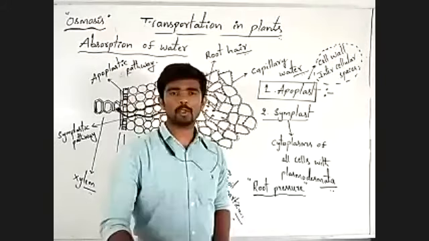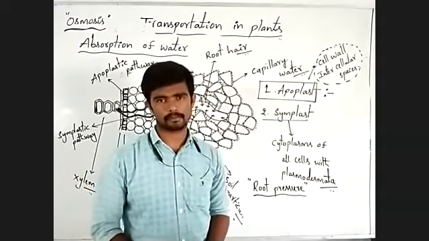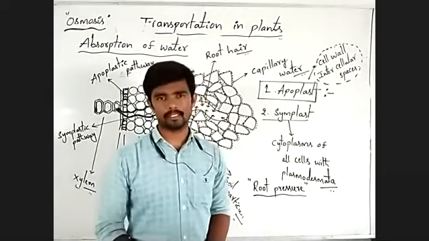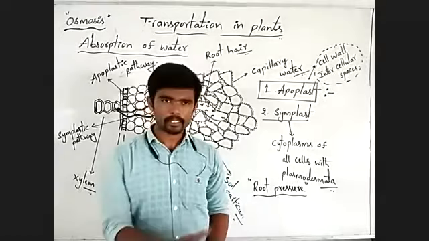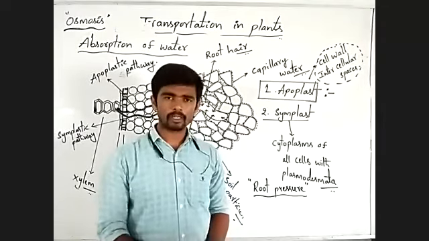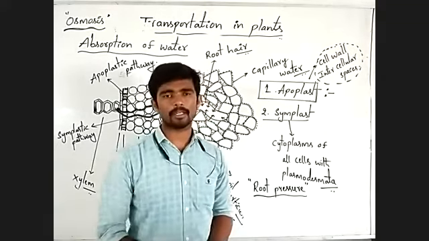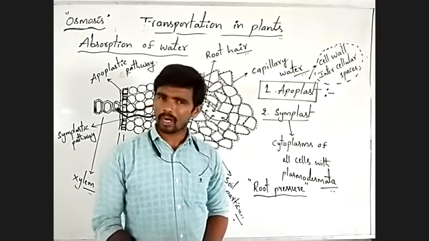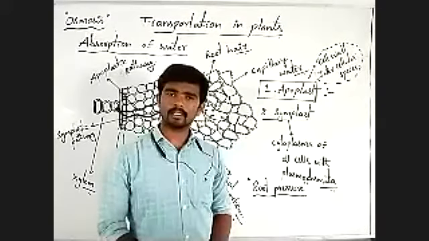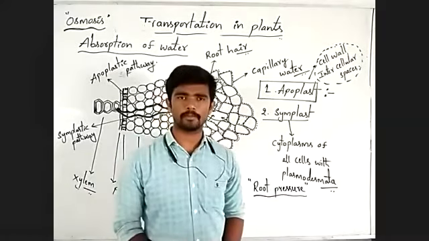In small plants, for example, moss plants or small grass plants or some other small plants, water is translocated from the roots upward by root pressure only.